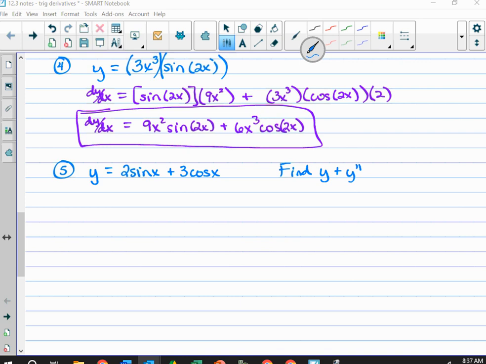No, it would go to 2 cosine of x plus 0. Oh, yeah.